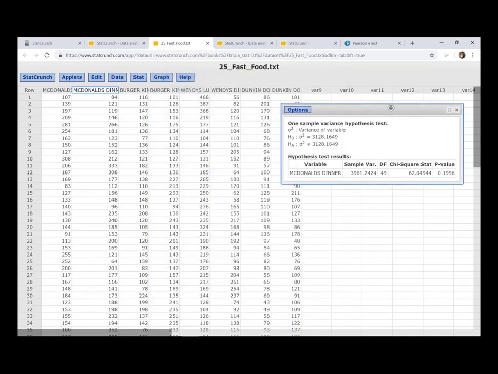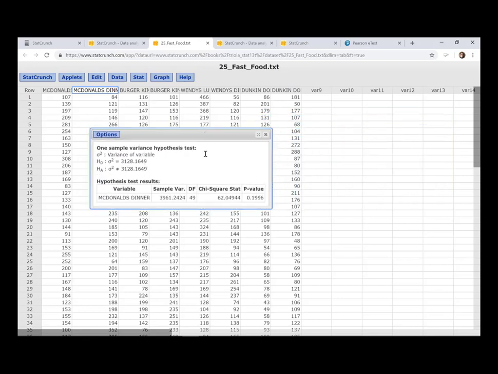So here we get our sample variance, our degrees of freedom, because we had 50 individuals in our data set. You get the chi-square statistic, and there's our p-value. So let's go ahead and snip this.